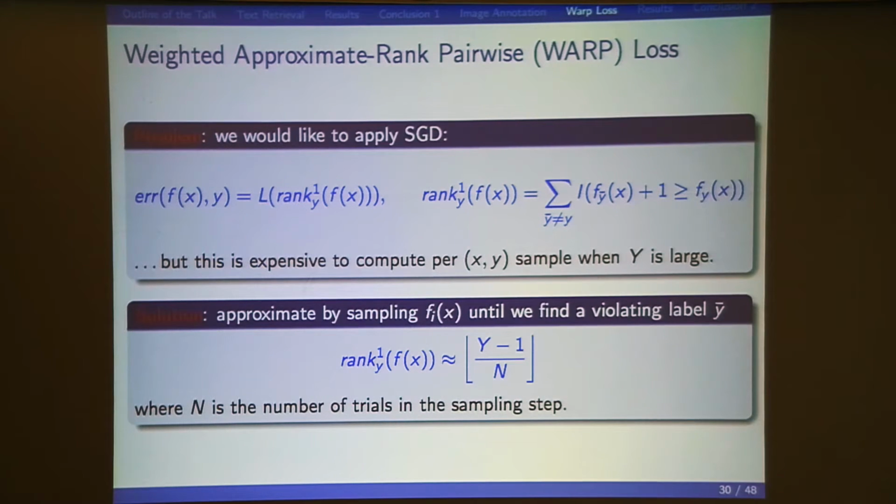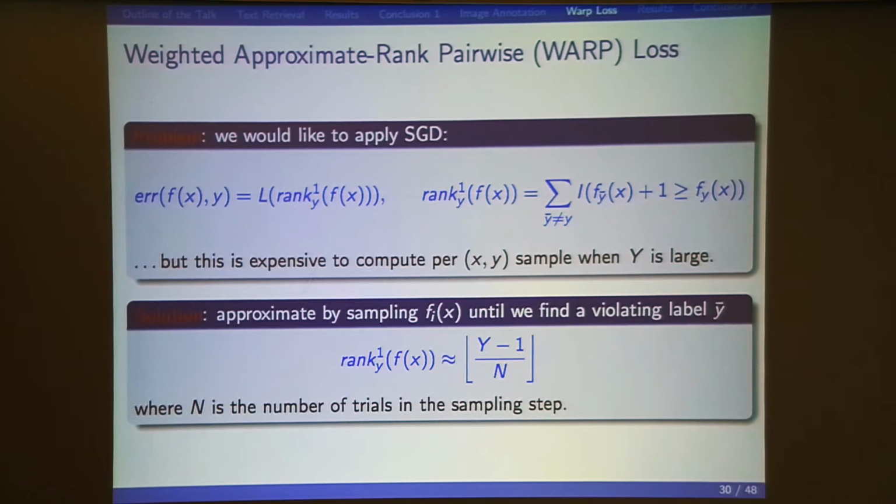But the problem is, I want to be able to train one of these models with stochastic gradient descent, like lots of people are doing. But that loss function takes a bit of time to compute, and the reason why is because you have to compute the rank. Just to compute the rank, imagine I've got 100,000 labels.